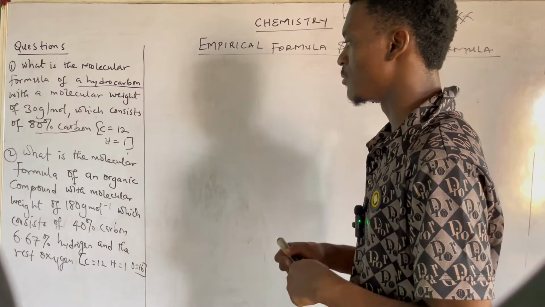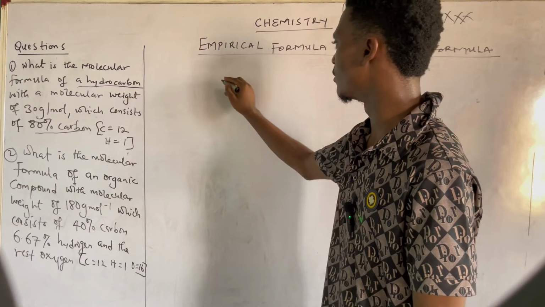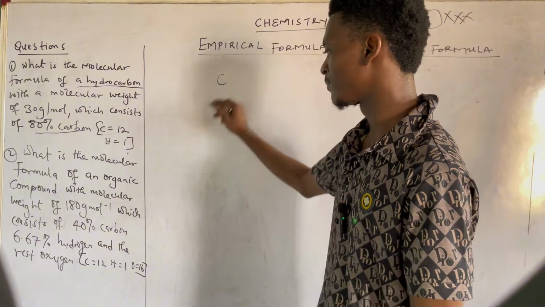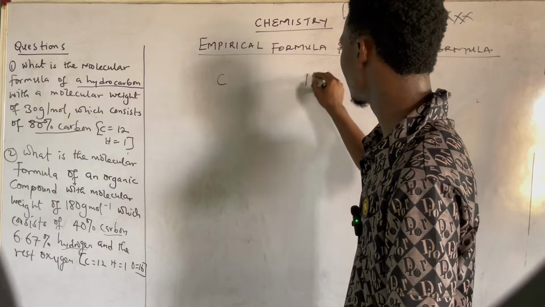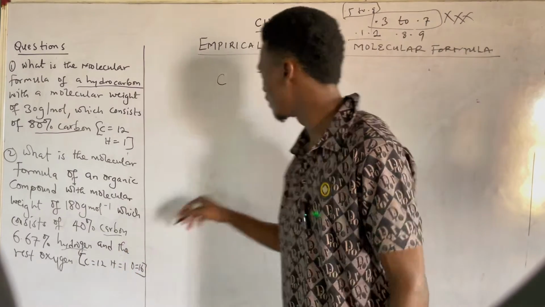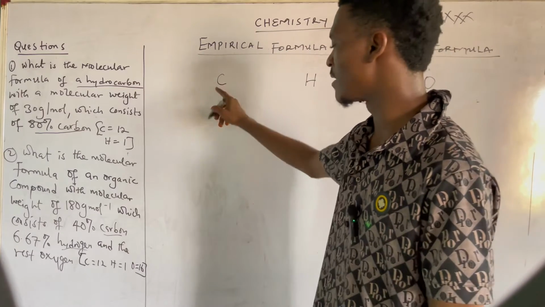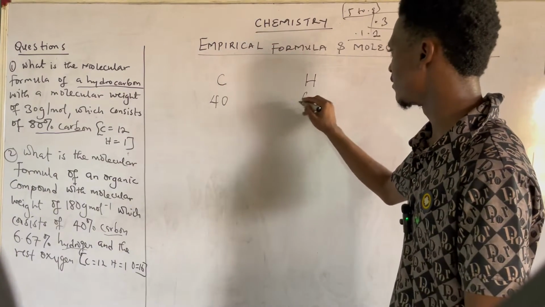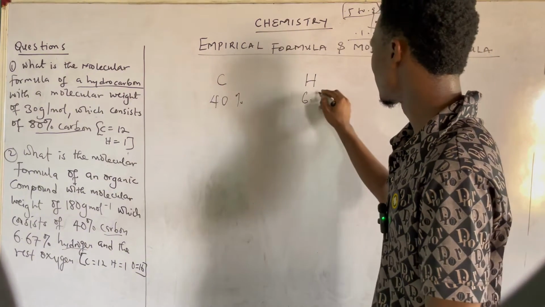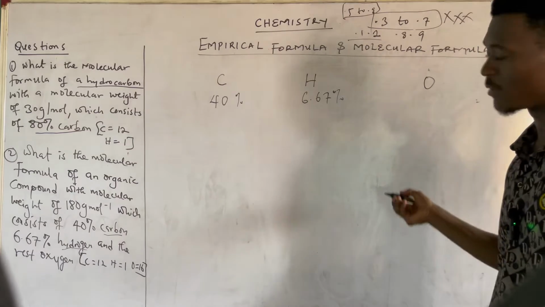All you simply do is bring out the elements in question. The elements: we have carbon, that's 1, then hydrogen, that's 2, and then oxygen, that's 3. Our carbon percentage was given to be 40, and our hydrogen percentage was given as 6.67. Then for oxygen, what are we supposed to do?